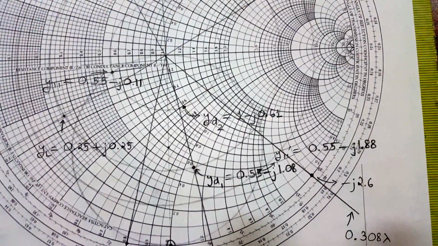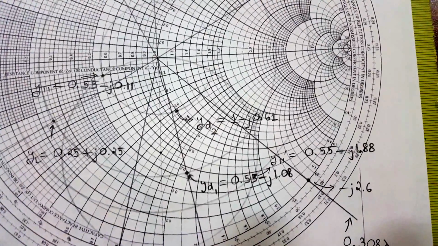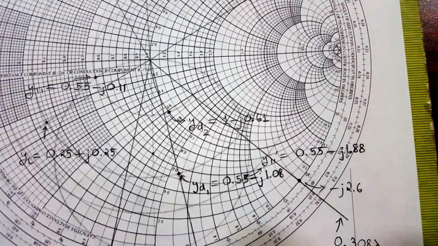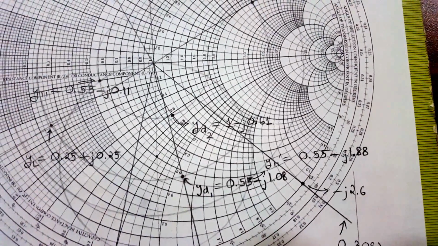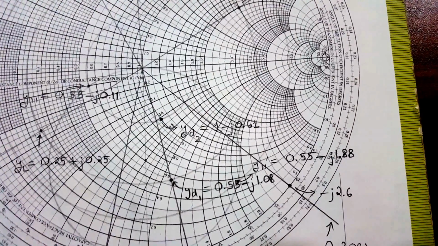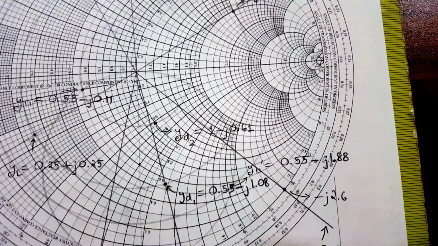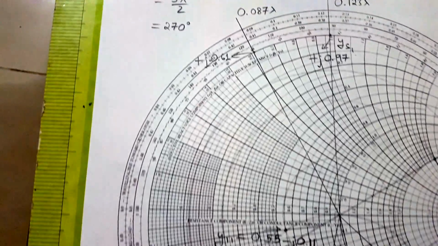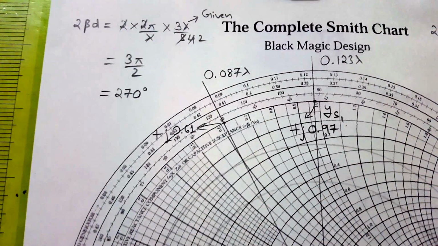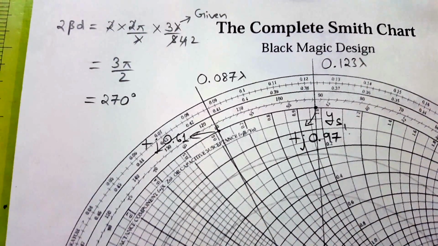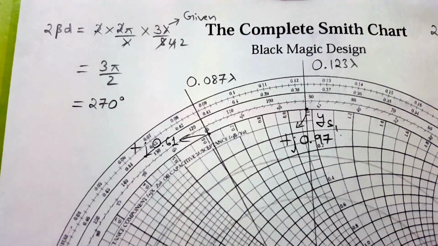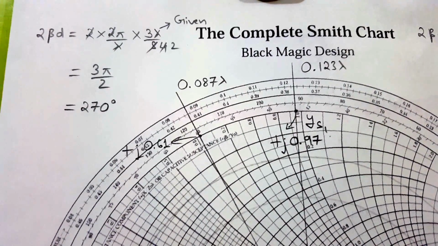Now we take the imaginary part of YD2, which is minus J 0.61, and take its conjugate, which is plus J 0.61, and plot it on the Smith chart and obtain its value in terms of lambda, which is 0.087 lambda.